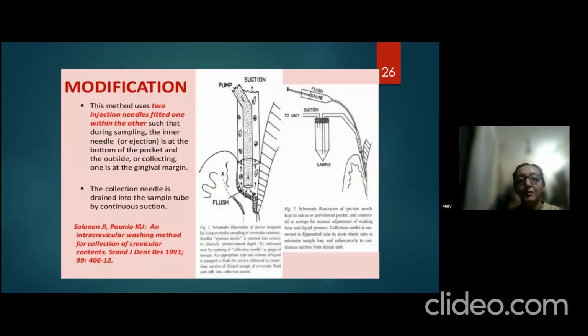Another method, which is a modification by Salonen, uses two injection needles. If you look at the diagram, you can see two injection needles fitted one with another.